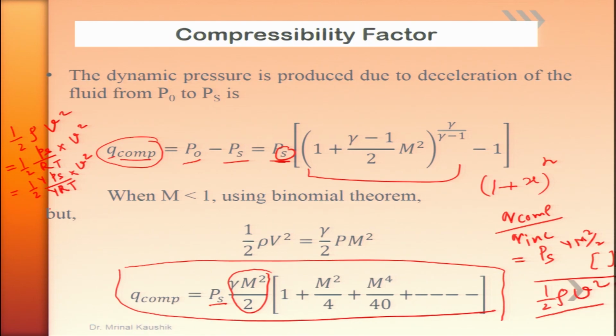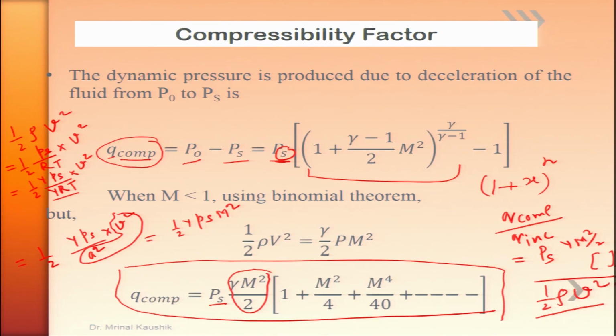Clearly, you will observe that 1 by 2 gamma Ps remains, and this fellow becomes a squared, which is nothing but the speed of sound squared, and then V square is already present. These two terms will lead to the Mach number square. Therefore, what I get is 1 by 2 gamma Ps M square.